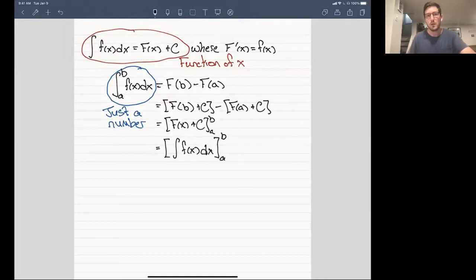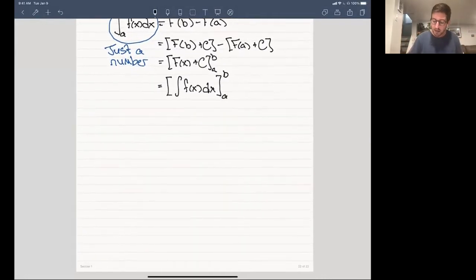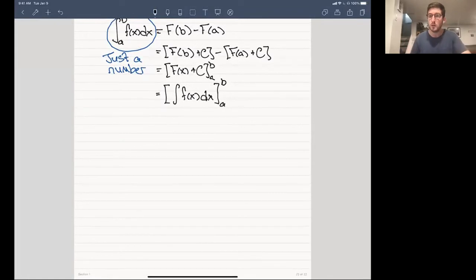Okay, so with this intuition, we can start asking ourselves, how do we find antiderivatives? Because clearly the fundamental theorem of calculus tells us that if we want to evaluate definite integrals, we really need these antiderivatives. So what are some techniques and some tools that we can use to actually find antiderivatives? If I give you a function, how do I find its antiderivative?